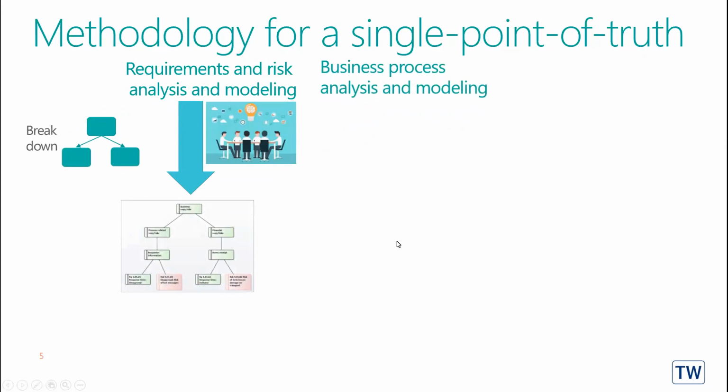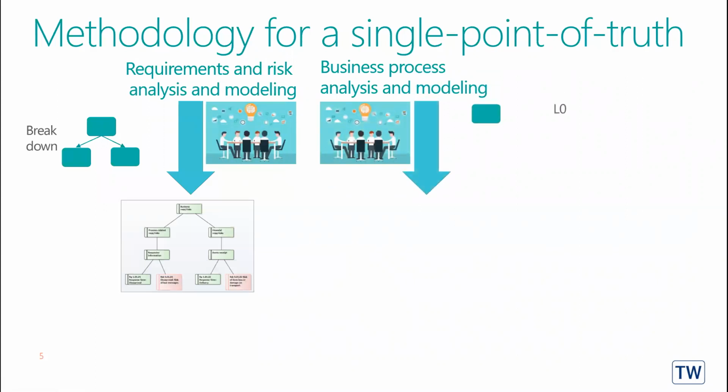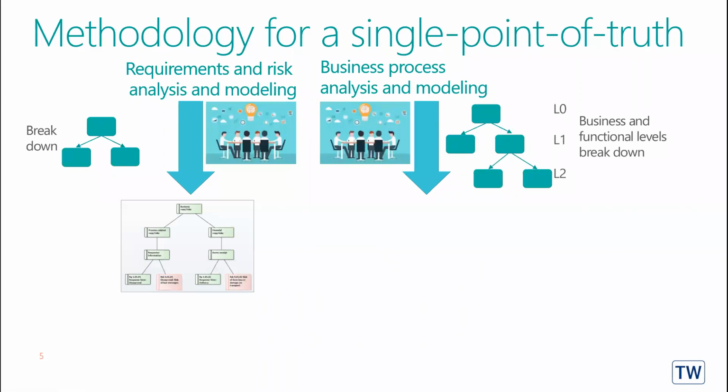On the other hand, on the right side, the business process analysis and modeling happens, also with a top-down approach. There might be another team or the same team gathering the high-level organizational structures, how the organization has a breakdown in departments, what are the business and functional levels, so for the different business departments, for financials, for accounts payable, accounts, etc. And it goes down to the deeper levels.